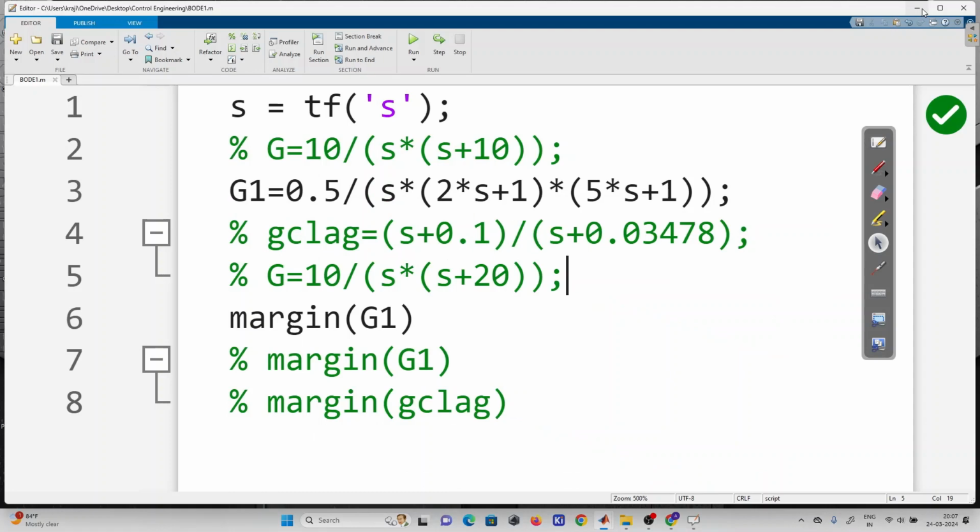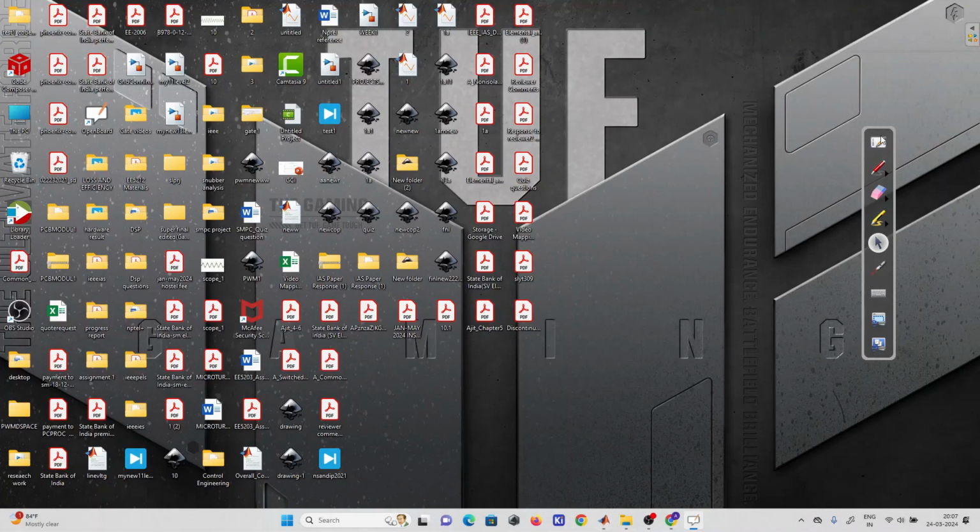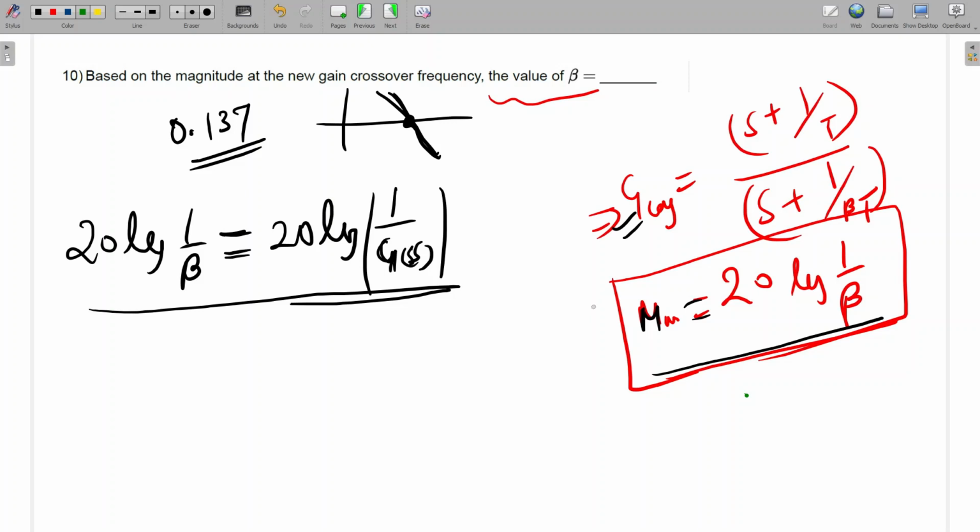So the negative of that magnitude should be added by our lag compensator, and the lag compensator magnitude plot will come here like this and go like this. This magnitude should be added at that point to make it 0. So 20 log 1 by beta should be equal to this inverse, which means negative. Is it clear now?